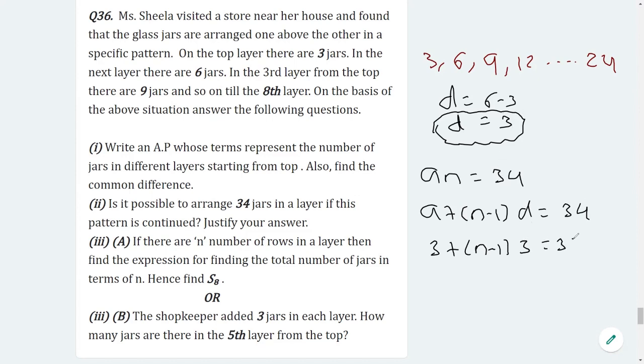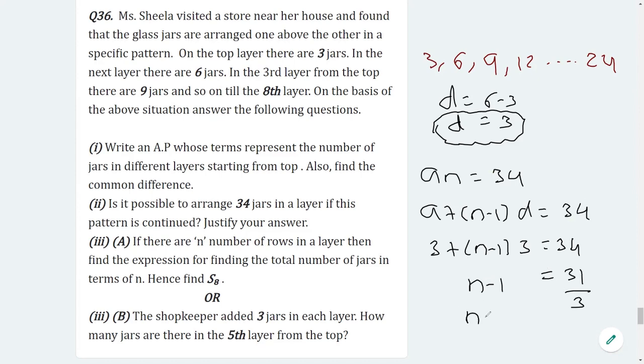So this is 34. Transposing this 3 to the other side, it will be 34 minus 3, that is 31. And then transposing this to this side, it is coming as 31 by 3.